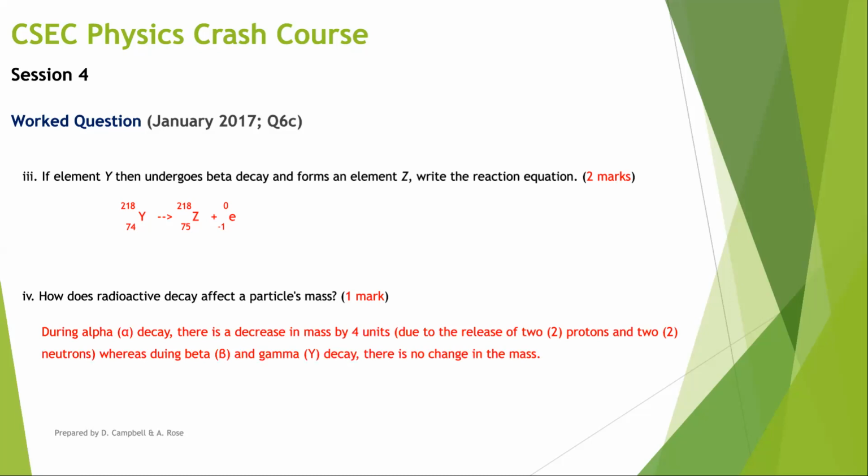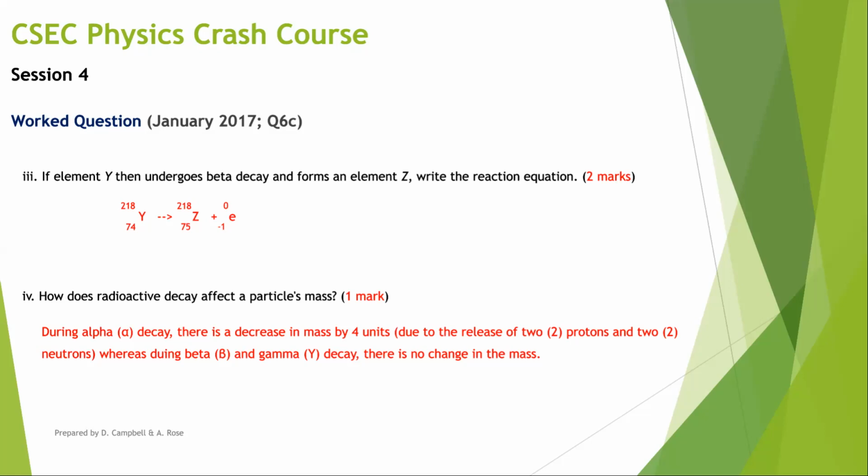We know that during alpha decay, the mass decreases by 4 units because 2 protons and 2 neutrons have been ejected, whereas during beta decay, the mass remains unchanged. In gamma decay as well, because gamma radiation is just the release of energy, there is no change in the mass with gamma decay either.